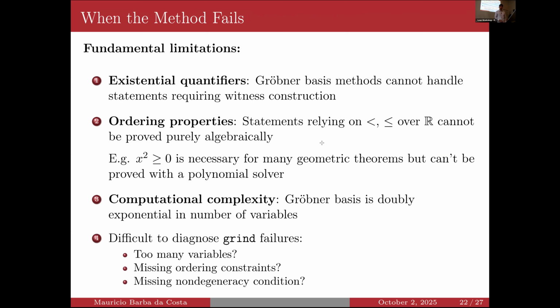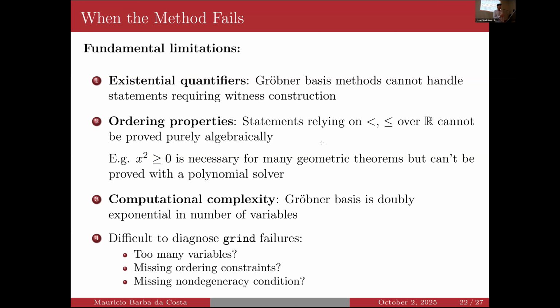So there are lots of cases where it actually fails. For instance, Grobner basis can't handle statements that involve existential quantifiers. Statements that rely on ordering over the real numbers can't be solved using purely algebraic methods.